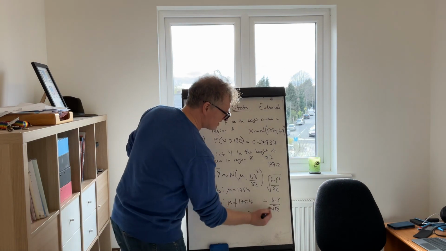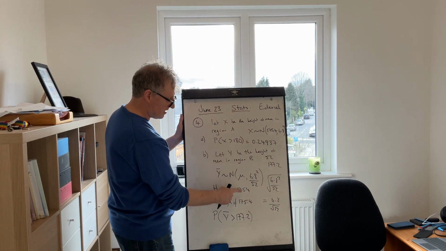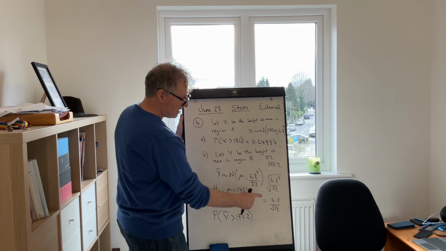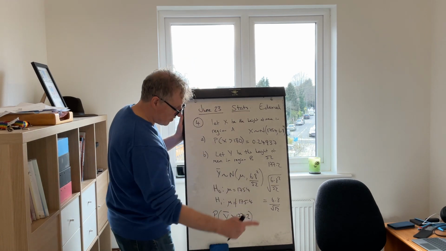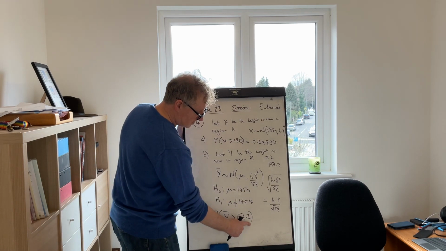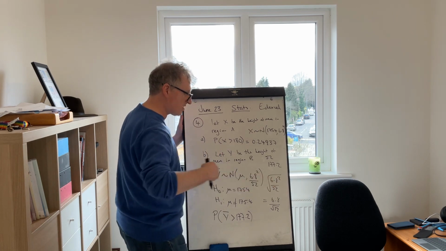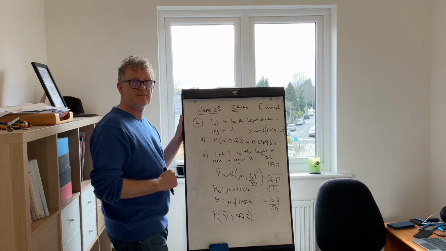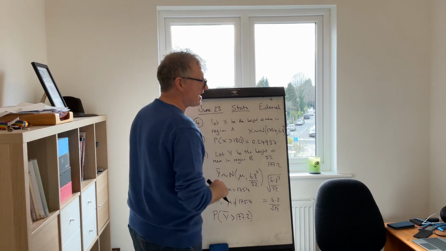So that's your standard deviation you're going to be putting in your calculator. So mean of 175.4, standard deviation of that. And we're looking for greater than 177.2, so we're looking for the right-hand side. Put it in your calculator.